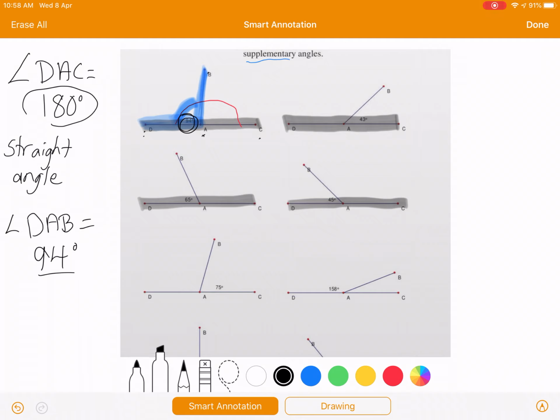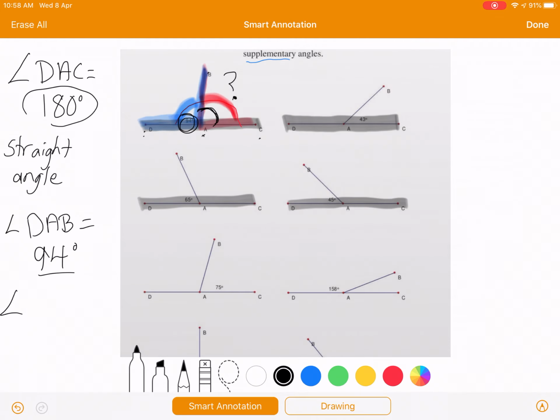Now, we want to solve angle BAC. This angle right here. We want to figure out what is the measure of that angle. What is the measure of this angle right here?